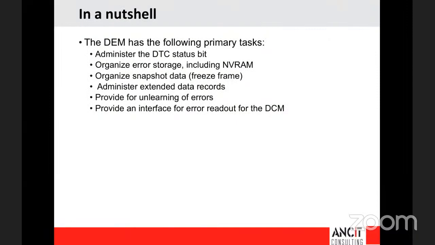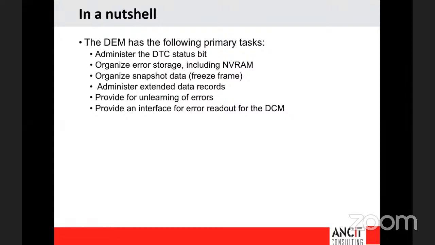The DEM module has these primary tasks, like I said: capturing and logging the DTC, storing and organizing the DTC in the NVRAM, and capturing any snapshot data or freeze frame. Some extended records have to be captured and stored, and it must provide for unlearning of errors.